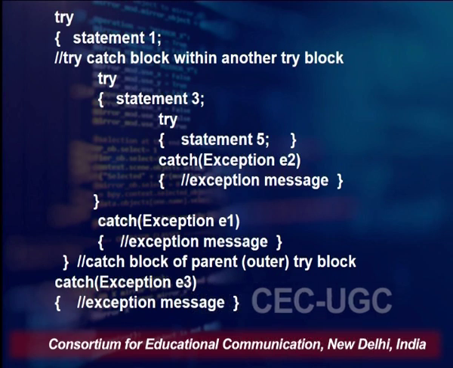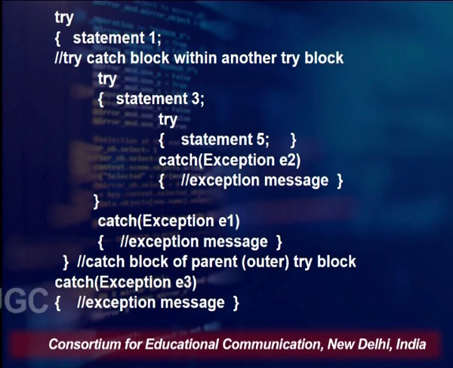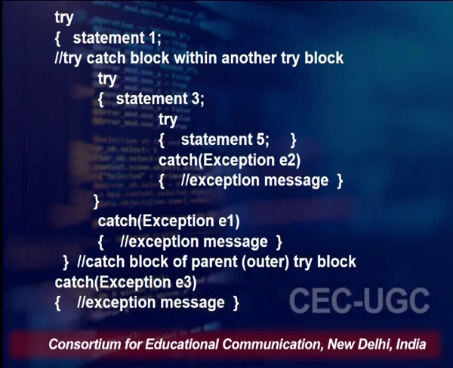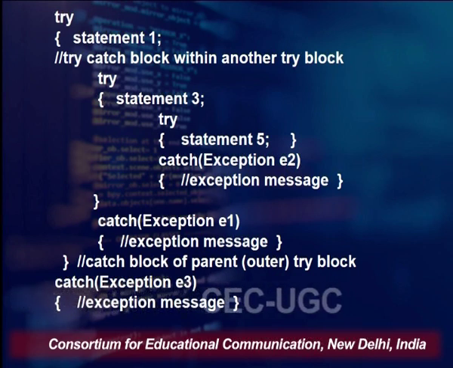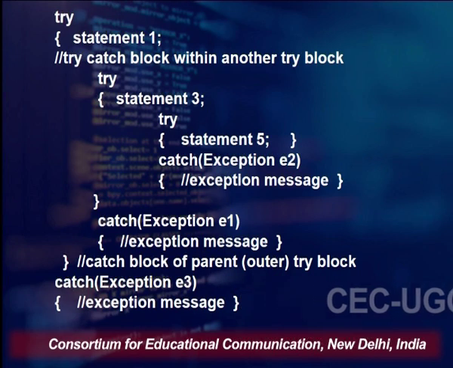The try with statement 3, the middle or second level try, is properly indented with catch exception E1, and the outermost try block, for which the proper comment has already been given, is in line with the catch exception E3.